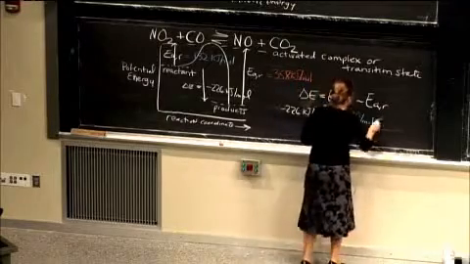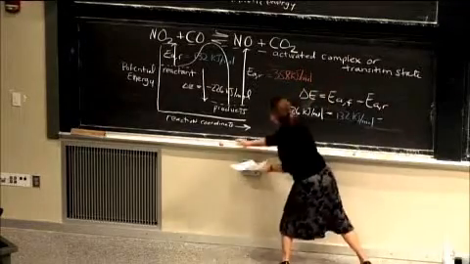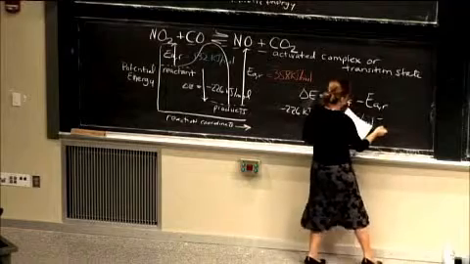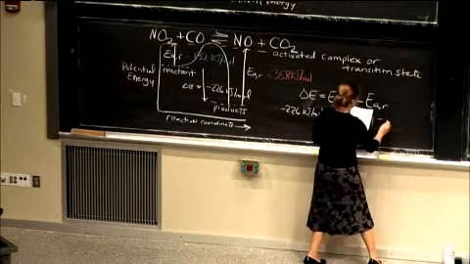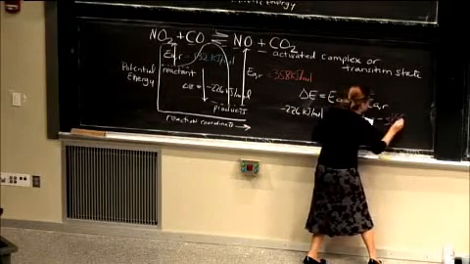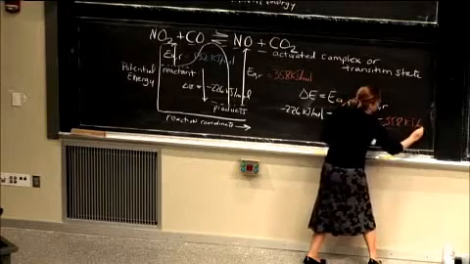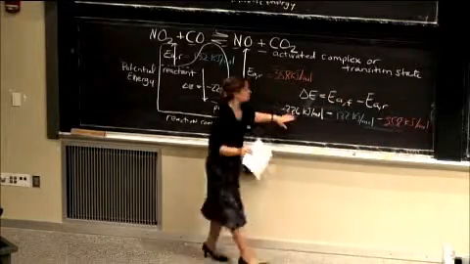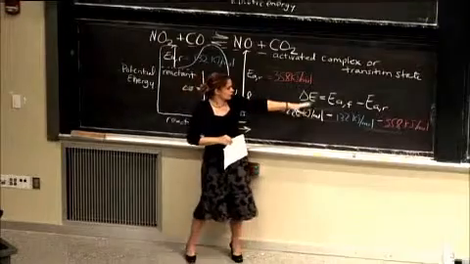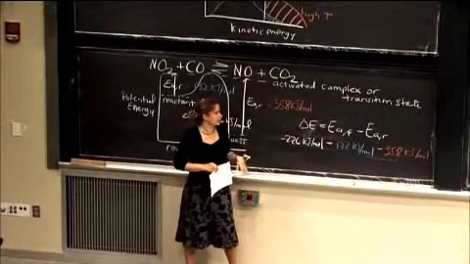And for the reverse reaction, the activation energy is 358 kilojoules per mole. And so these should all add up to each other. If you know 2 of these values, you can calculate the third.